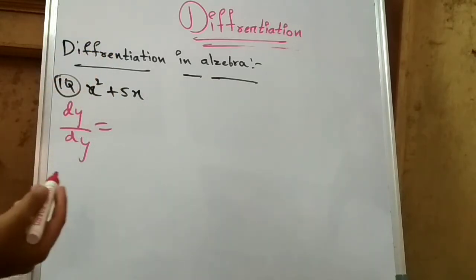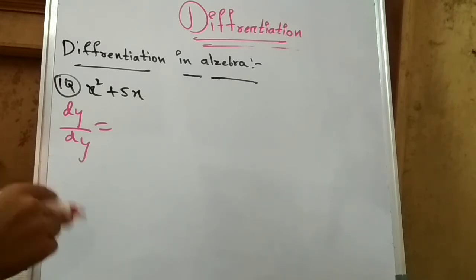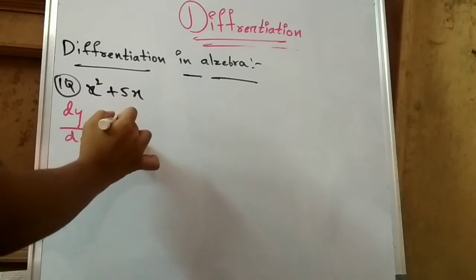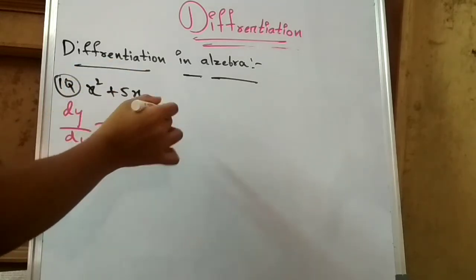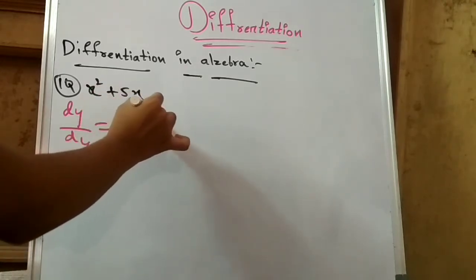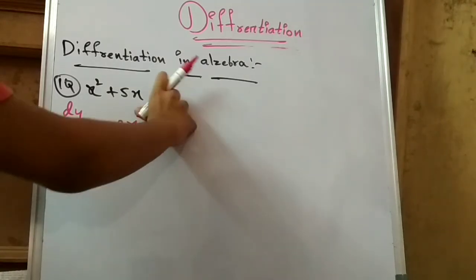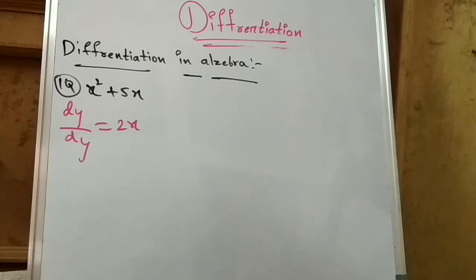This is n x to the power n minus 1, so that will be 2x. 2 minus 1 is 1, so whether you mention it or not, it's not necessary. 2x. Then 5x.